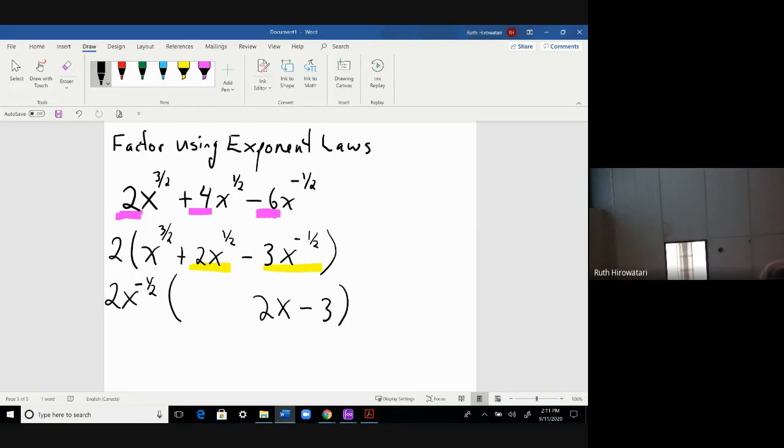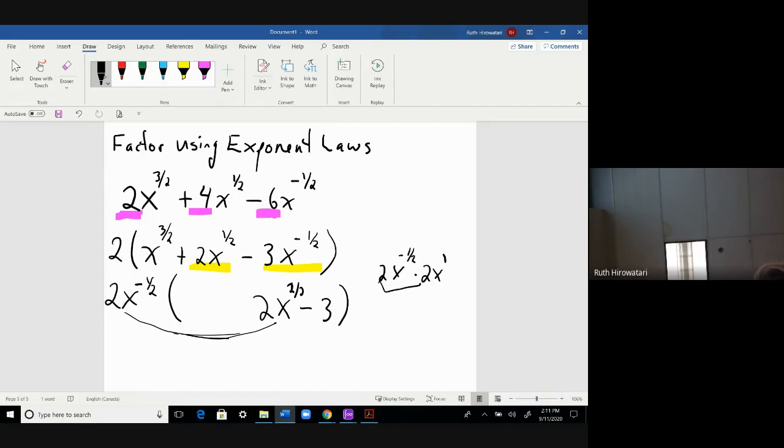Because this is like an x to the power of 1. Or I'm going to write it with a common denominator, x to the power of 2/2. You know what happens when you distribute this back? You're saying 2x to the minus 1/2 times 2x to the power of 1.